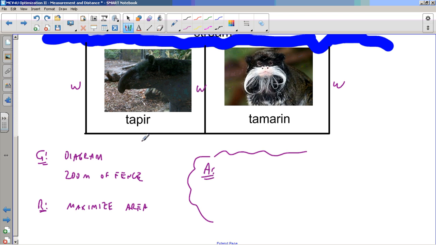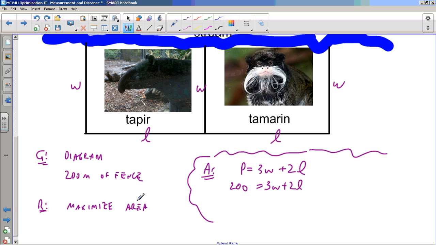So I'm going to let this be L and this be L. Because then what do I have? The perimeter is 3 W's, right? Here, here, and here. I don't have to worry about fencing along the stream, plus 2L. But I know that that is also 200 meters of fence, and that's 3W plus 2L.